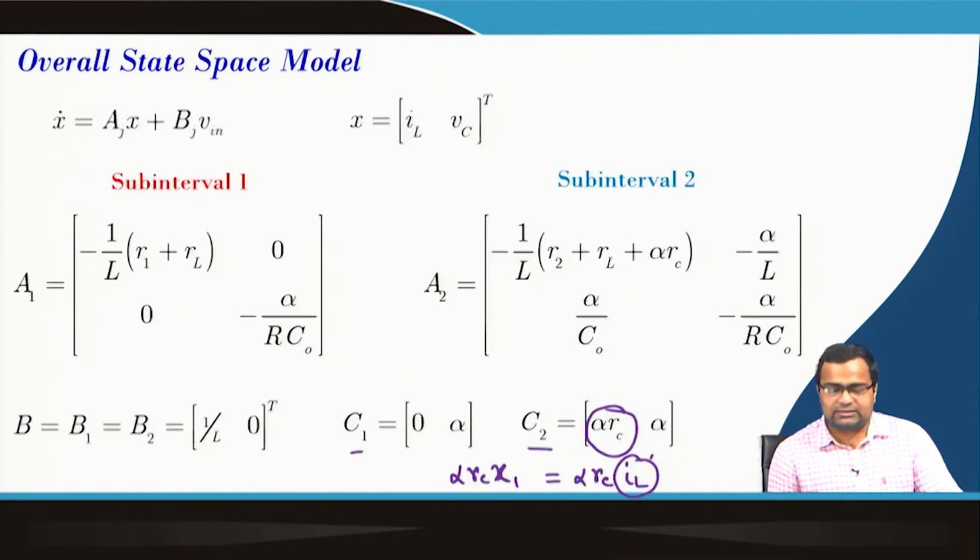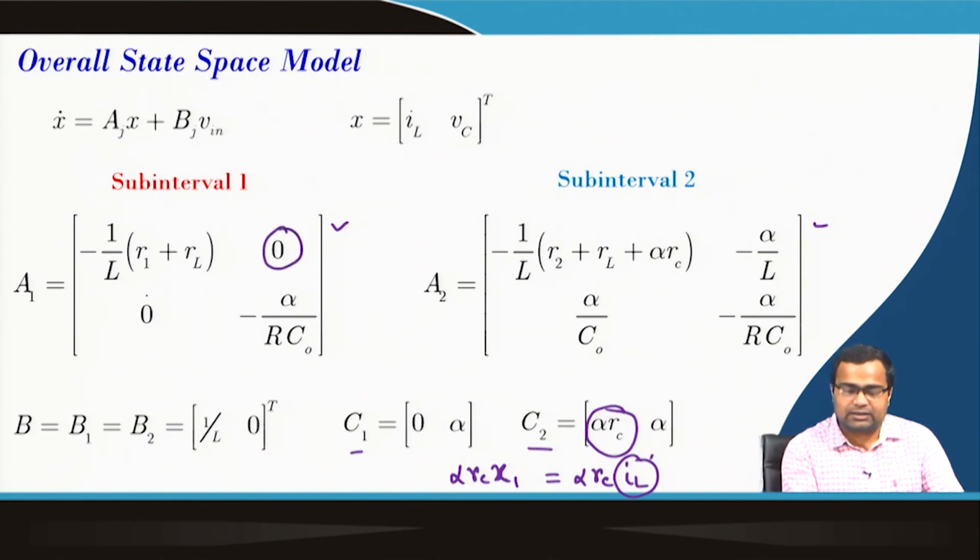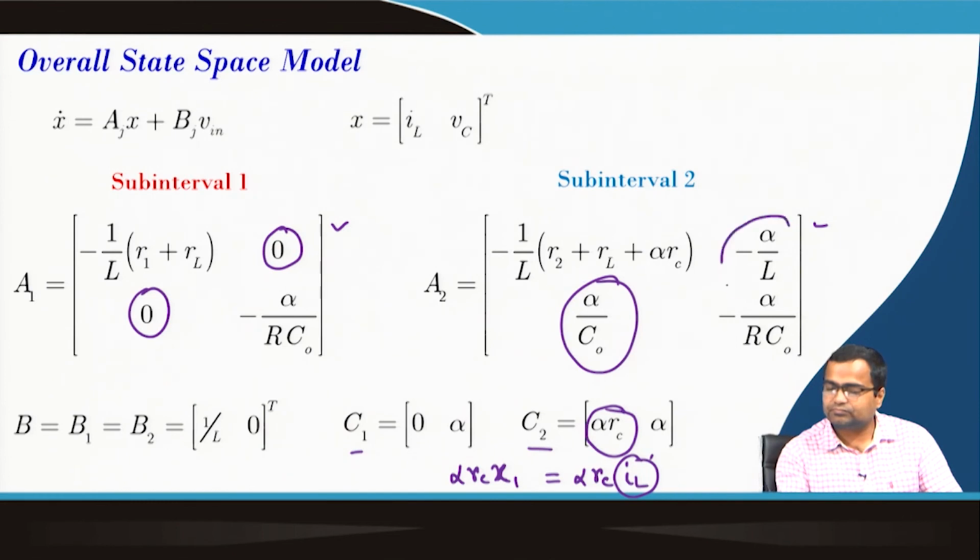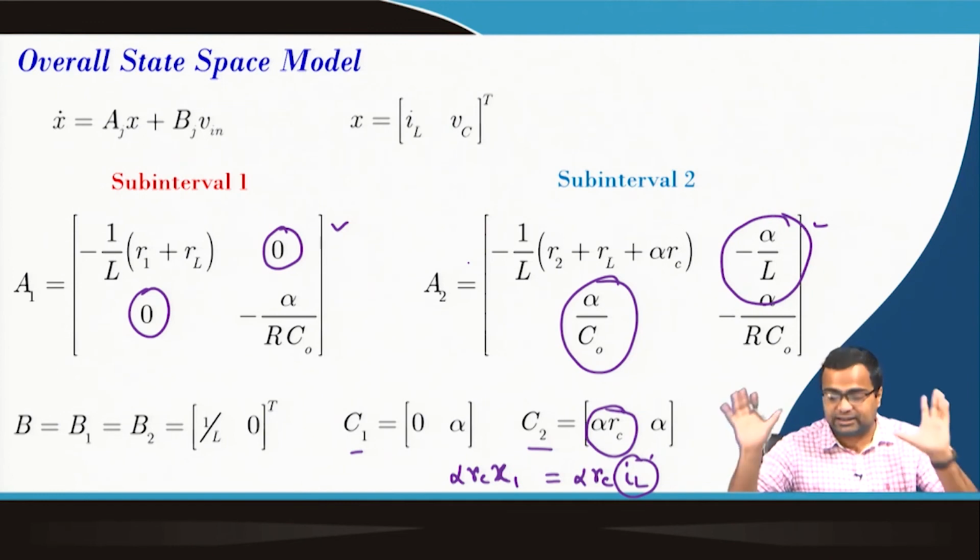Here you will notice the A matrices are fundamentally different, because these two terms are 0, but here it is non-zero. It is fundamentally different. Even though you take an ideal buck converter and boost converter, these two terms will make the A1 and A2 matrices fundamentally different.